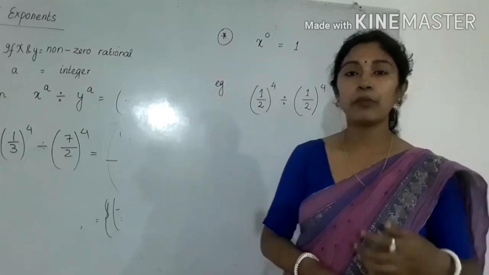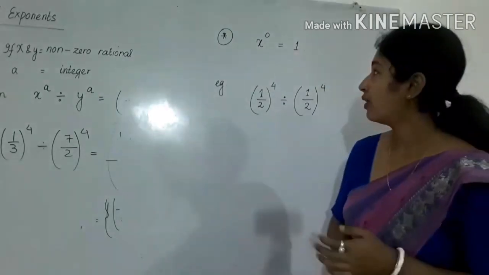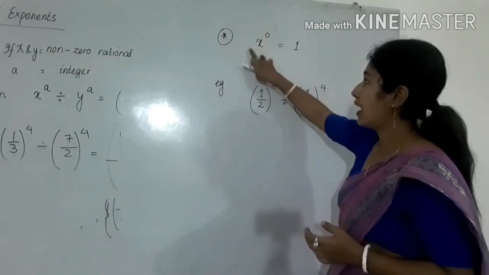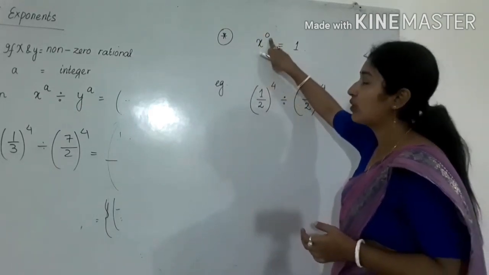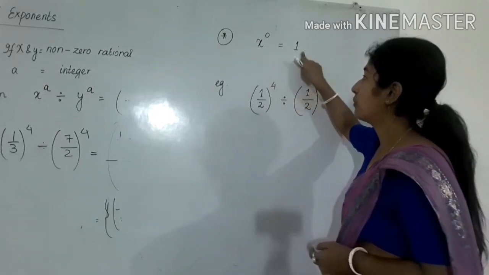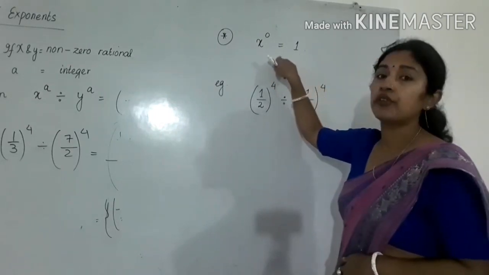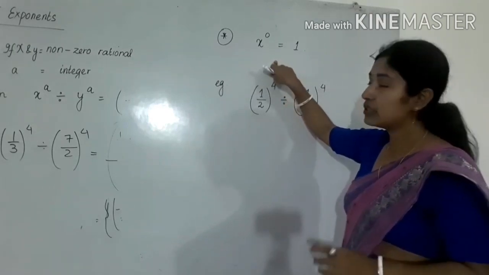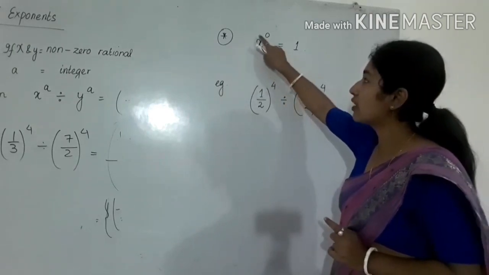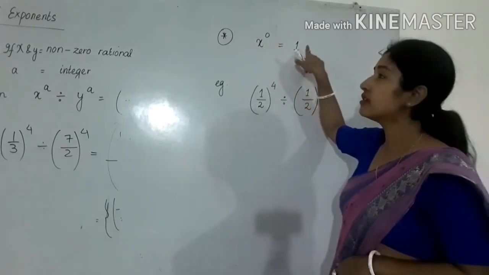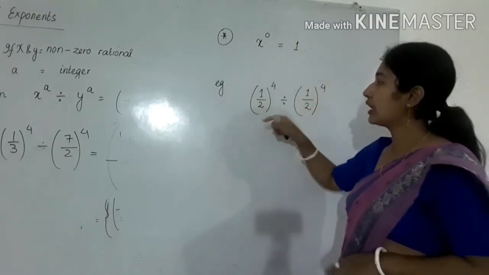So what happens if the power is 0? Already we have studied that if the base is any natural number and in the power we have 0, then the answer will be equal to 1. And this is true in the case of rational numbers also. That means if the base is a non-zero rational number and the power is 0, then also you will get the answer as 1. So I am taking one example.